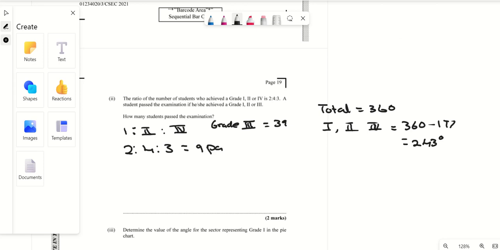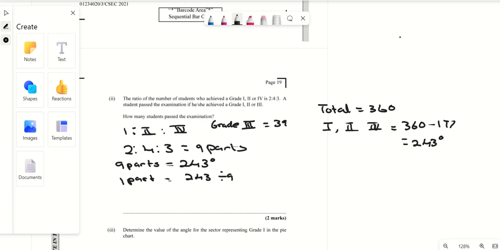It's 9 parts. So it is safe to say that 9 parts is equal to 243 degrees. Right? So we could find for one part. So one part would be 243 divided by 9.